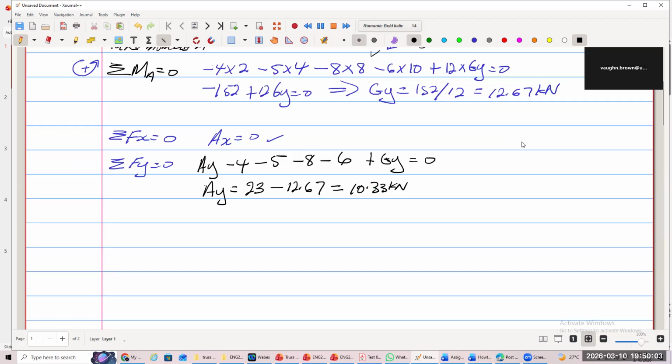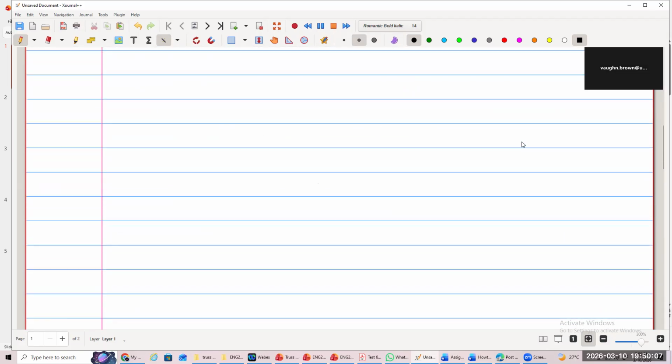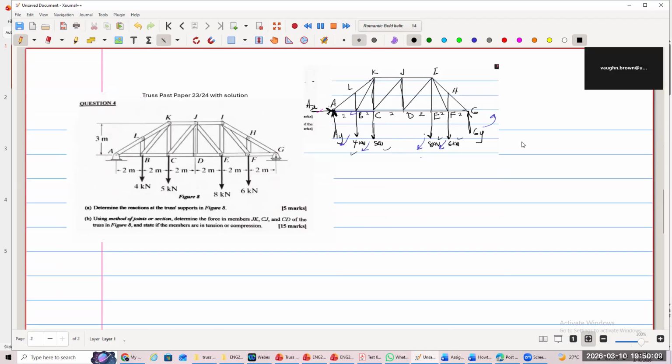We need GX and GY information. Oh, well, let's just write them on the drawing. So we know one is 12.67, 12.67, and this one is 10.33, right? Kilonewtons. Those are what we need to know, right? Because AX is 0. So therefore, we can leave that out.